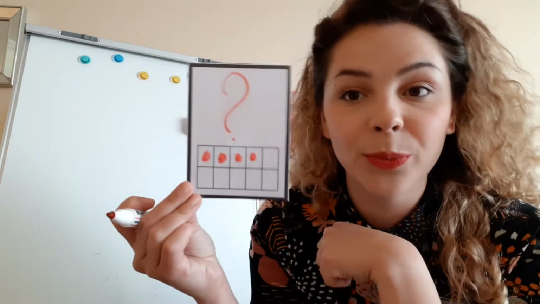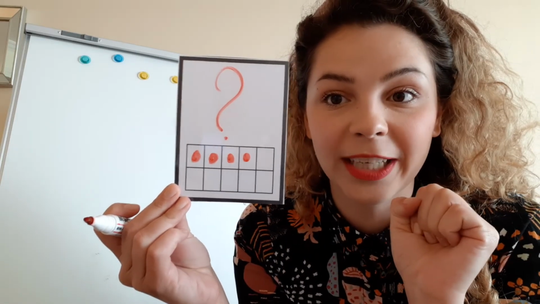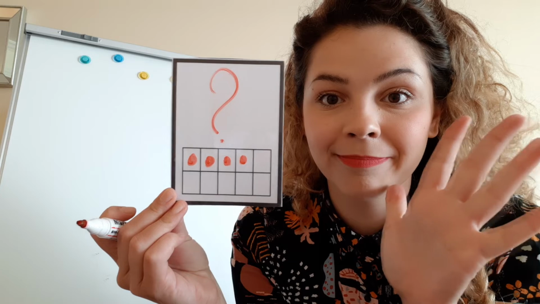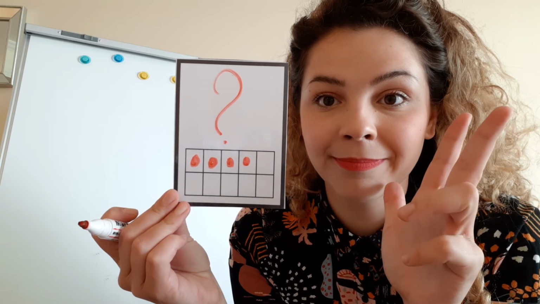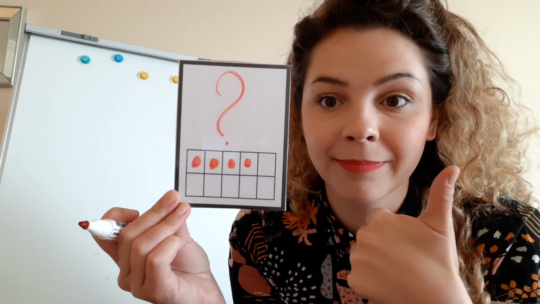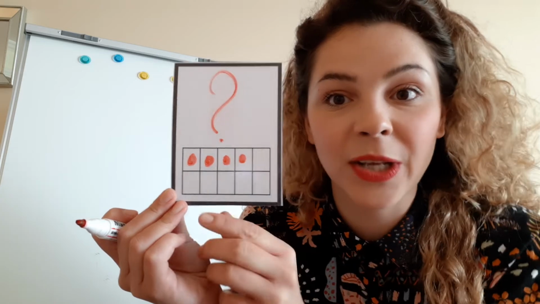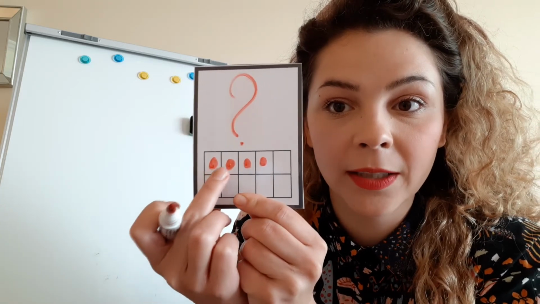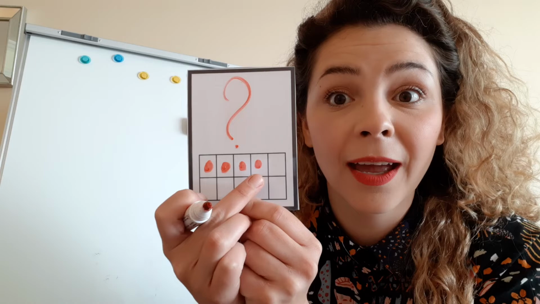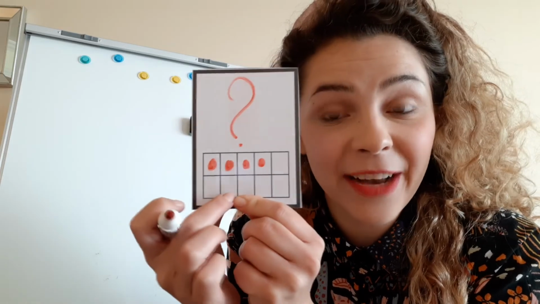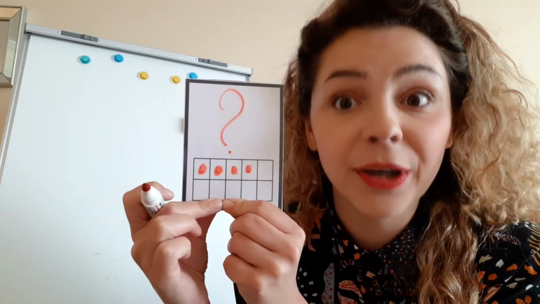Again, I'll give you a few moments to look and count, and you then tell me what it is. So let's count together. 1, 2, 3, 4. This is 10 frame representation of number 4.